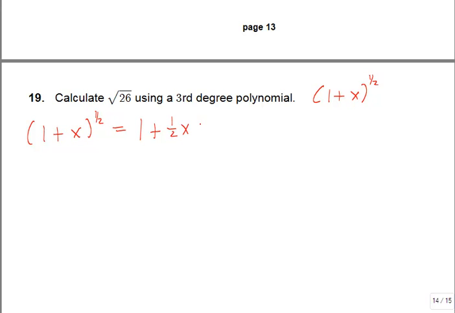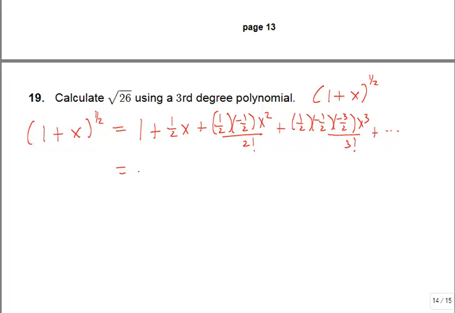And then the next term is our k, again, times our k minus 1. 1/2 minus 1 is negative 1/2. And then this was an x squared over a 2 factorial. And then our next term is that k again, times k minus 1, times k minus 2. So that 1/2, negative 1/2, negative 3/2, and then this was x cubed over 3 factorial, etc. So if we clean that up a little bit, this is going to look like 1 plus a half x plus, this is going to be an x squared.